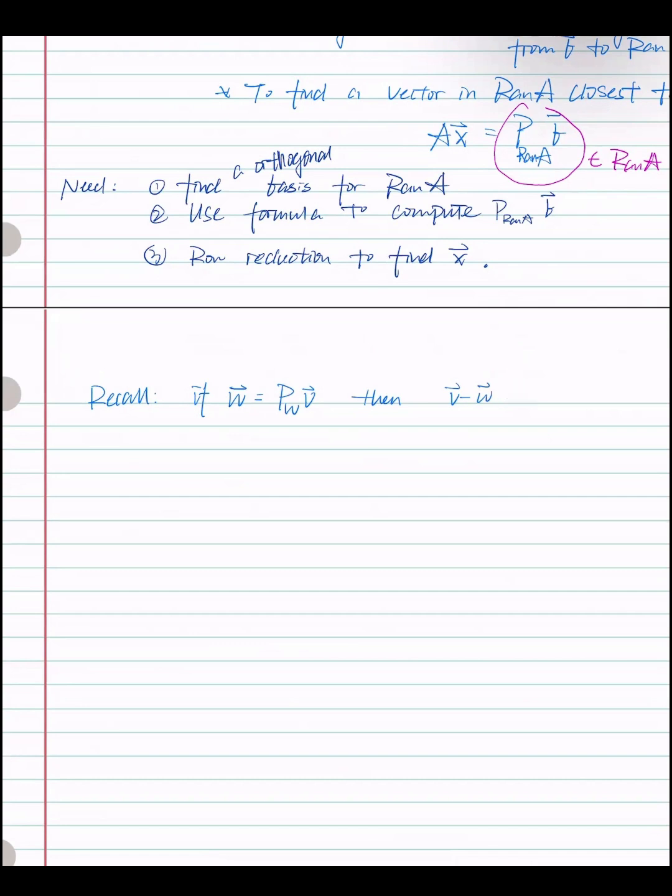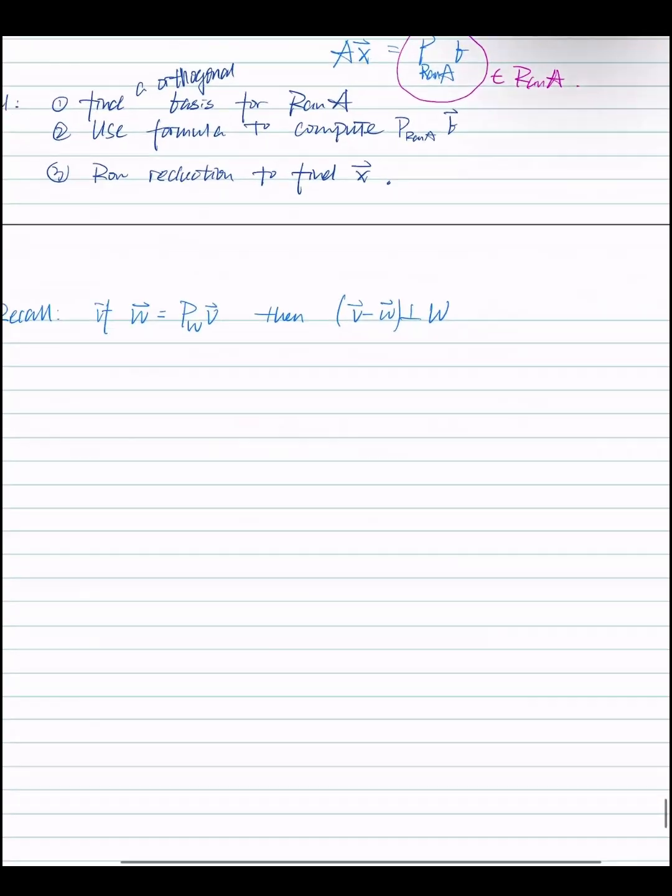I mean, it's orthogonal to the subspace W, and that's by OP2.